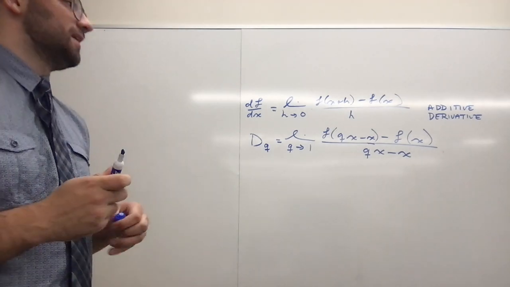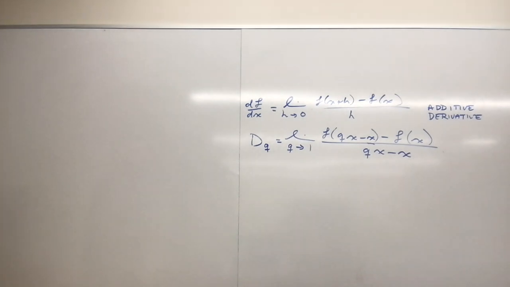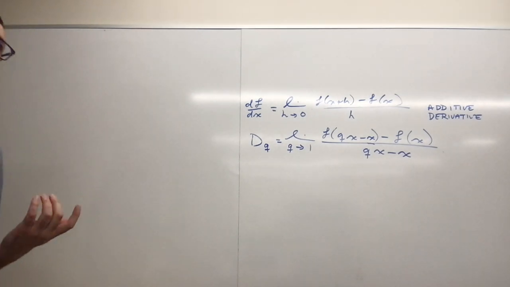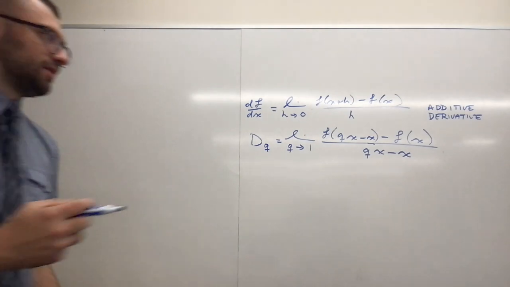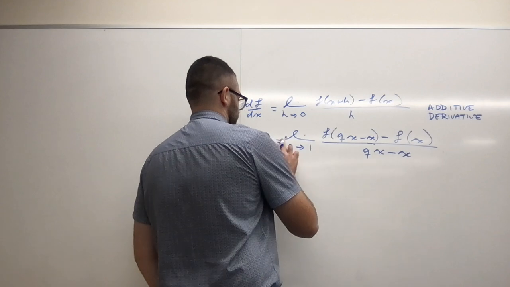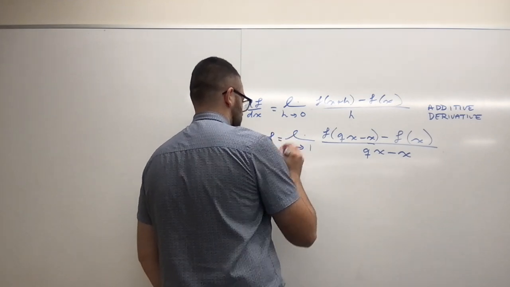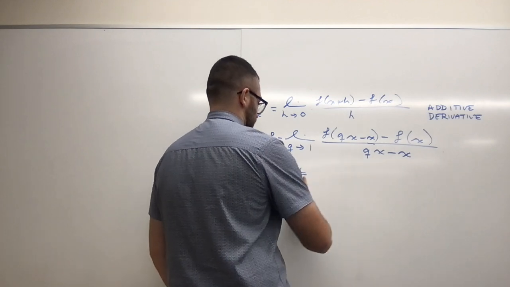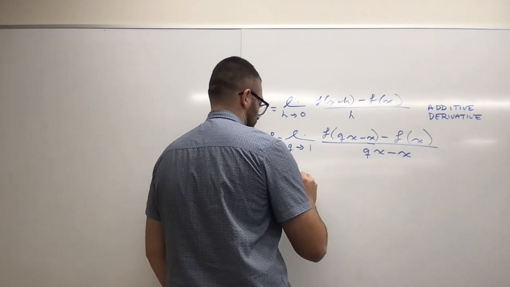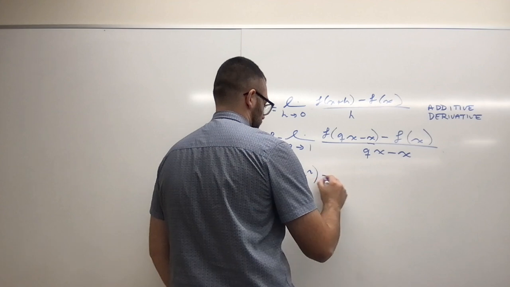So some possible directions you could go with this: I'd suggest you start by playing around with it a little bit and see what the quantum derivative of x is, what the quantum derivative of x squared is. Maybe see if you can come up with a power rule, so what's the quantum derivative of x to the n? Is there a rule for that?